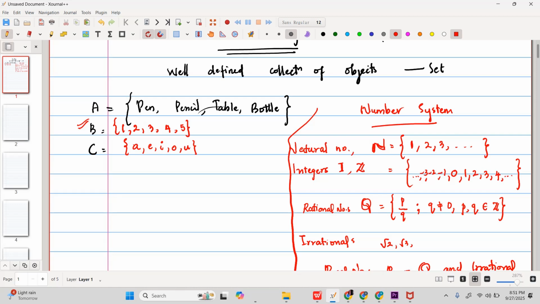Now the objects are mathematically called elements of the set. Elements of the set.